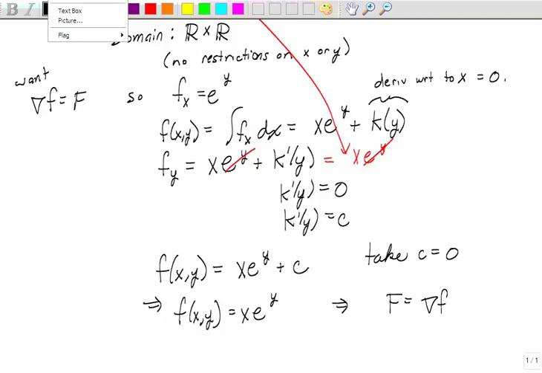Okay, let's look at number 8. Okay, that's continuous for x greater than 0. So our domain is that x has to be greater than 0.